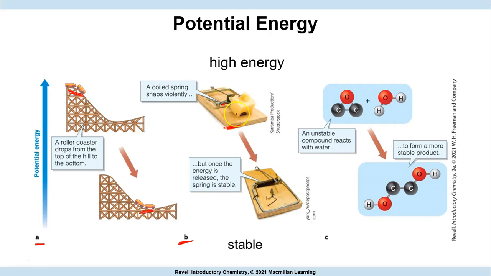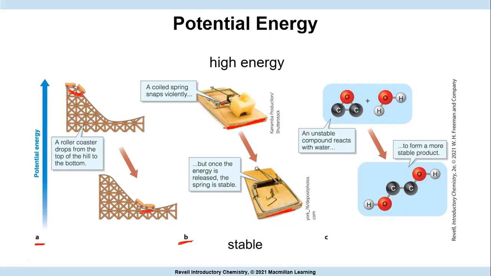But once it snaps, the energy is released and the spring is stable. So here it has a high energy because we've inputted energy to pull the spring and set the trap. And once it snaps, it becomes stable.